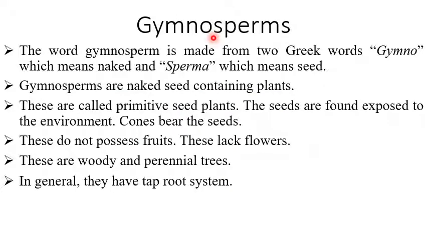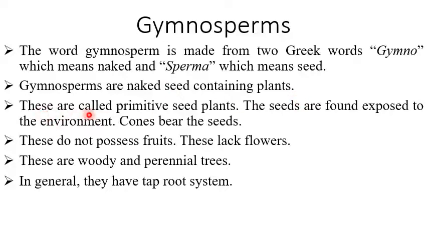Now let's begin with the gymnosperms and their general characters. The word gymnosperm is made from two Greek words. The first word is gymno, which means naked, and the other word is sperma, which means seed. So in simple words, gymnosperms are naked seeded plants. Gymnosperms are naked seed containing plants.